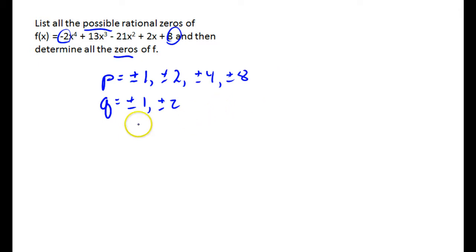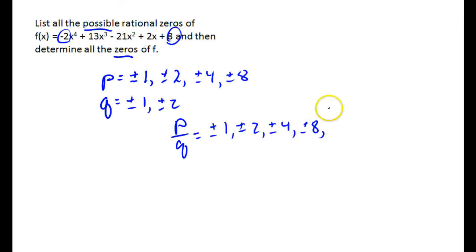So p over q will be 1 over 1 and 2 over 1, 4 over 1, 8 over 1, 1 over 2, 2 over 2, well that's 1, we already have that, 4 over 2, that's 2, we already have that, and 8 over 2, that's a new one, that reduces to plus or minus 4. So I have all these numbers that I can test.